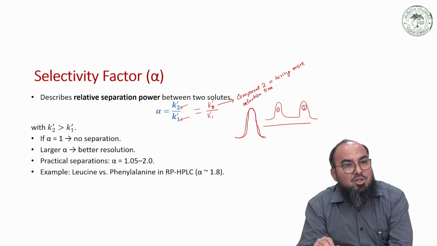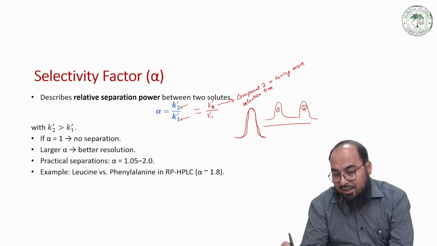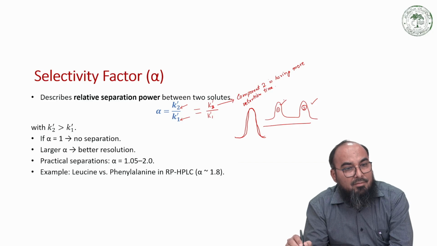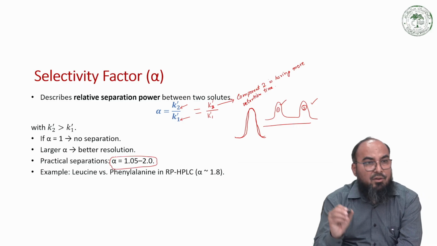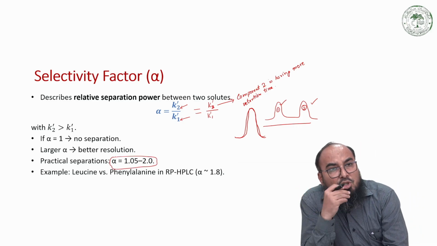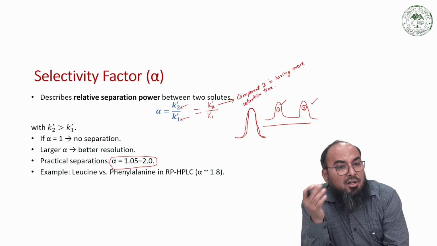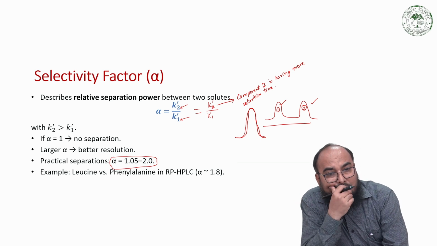The upper part is telling you that this is going to be retained for a longer time, and this is eluting at a faster time. For practical separation, alpha should lie between 1.05 to 2. And again, it's a dimensionless quantity. It does not have any unit.